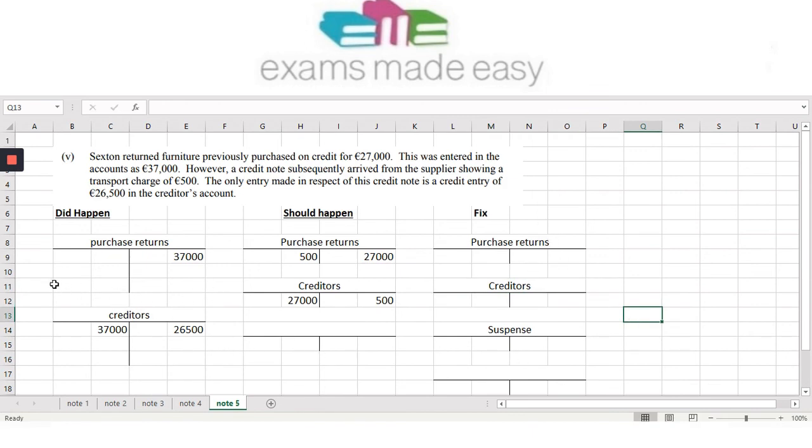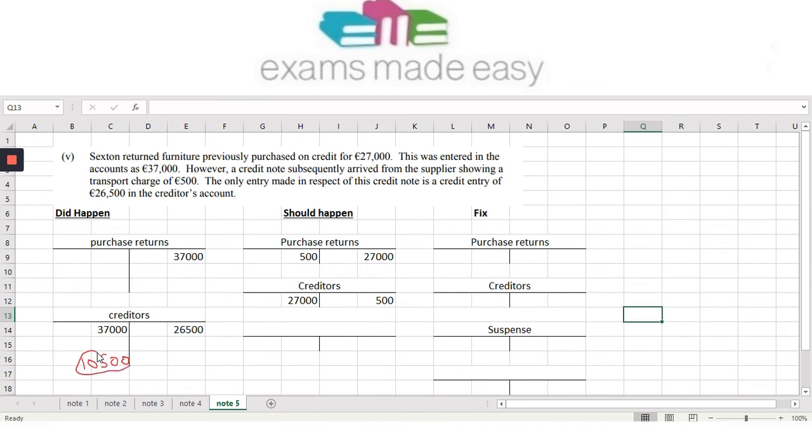Now, what I do in these questions before I fix is just my own notes to make sure I have the numbers correct. So go to the creditors account. Here you would have your 37,000 on the debit side, your 26,500 on the credit side. If I was to balance this account, I would end up with 10,500 on this side.